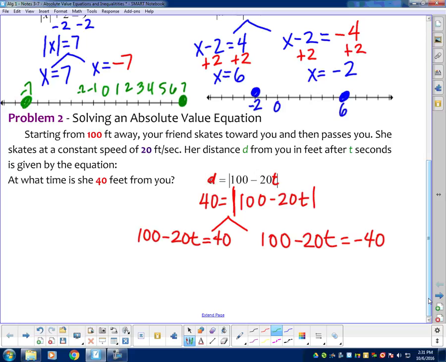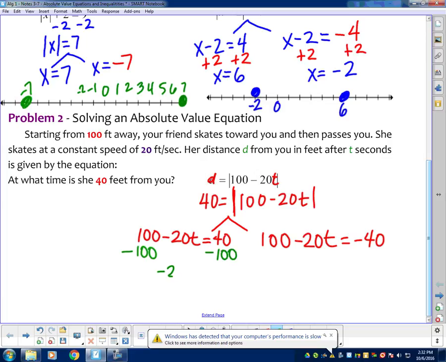We don't want to add 20 because that has the T on it. What can we do with the 100? Is it a positive 100 or a negative? Okay, so minus 100. Now what?